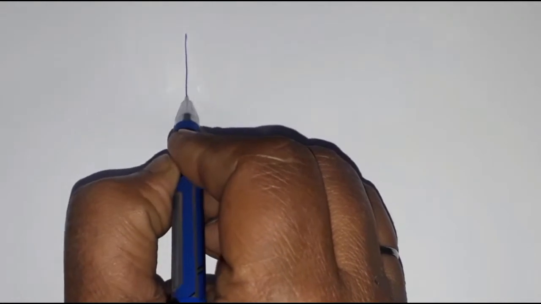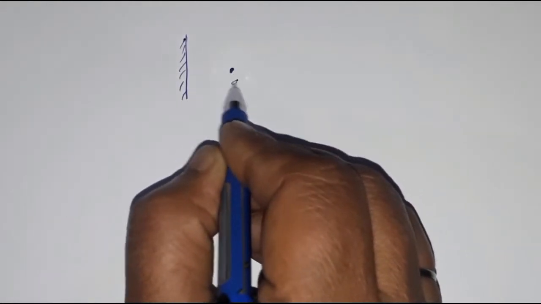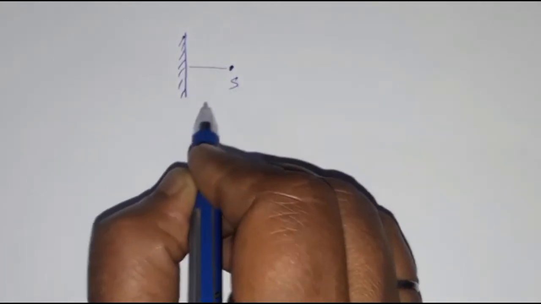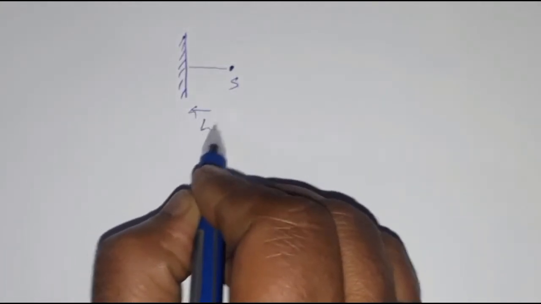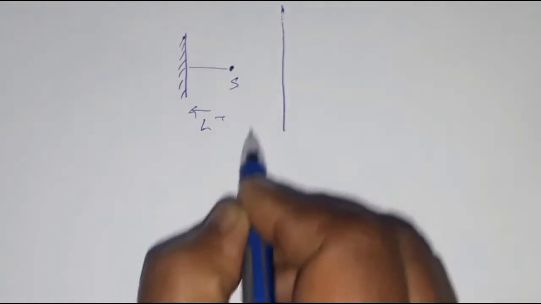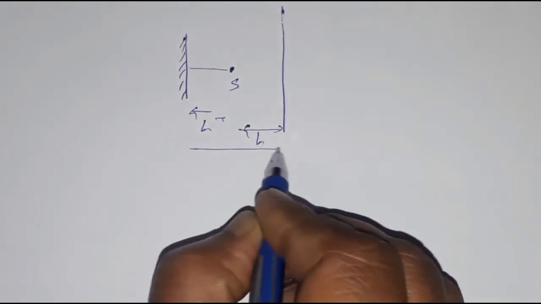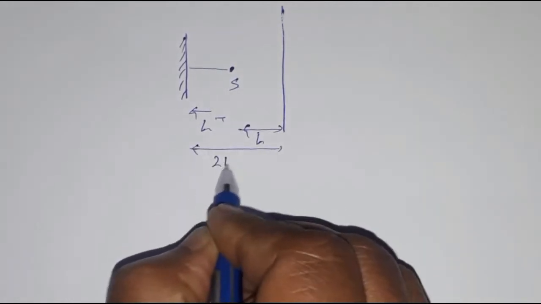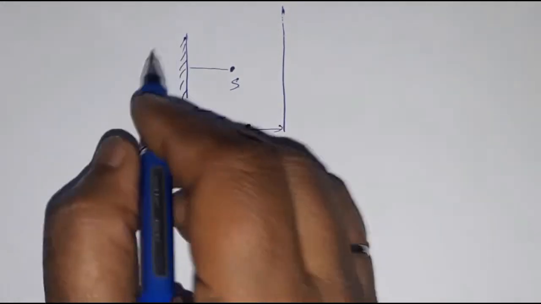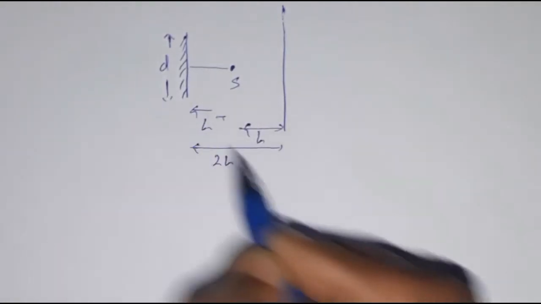Here this is the mirror, the source is here at a distance L from it, and the man is moving at a distance 2L from it. The length of the mirror is D.